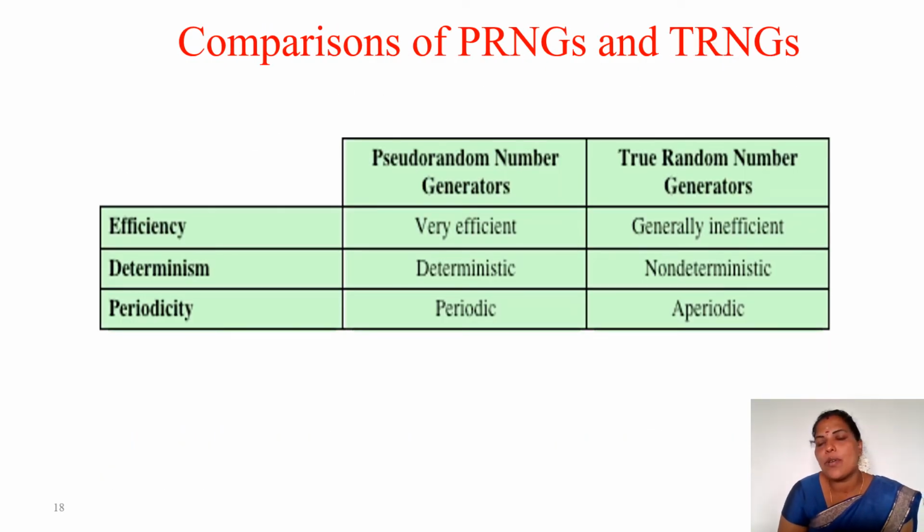So, comparisons of the pseudo random number generators and the true random number generators. We have compared these PRNGs and TRNGs with respect to efficiency, determinism and periodicity. The pseudo random number generator is very efficient and the true random number generator is generally inefficient, because we are producing the seed value through the entropy sources.